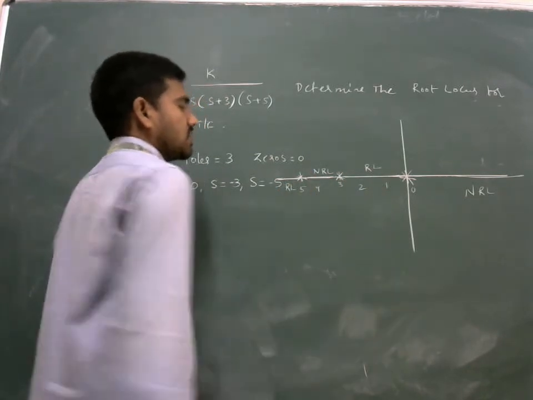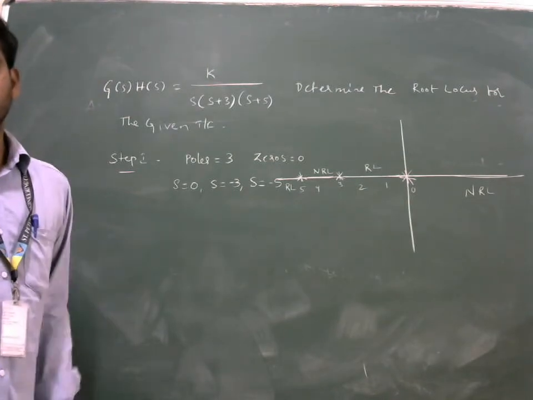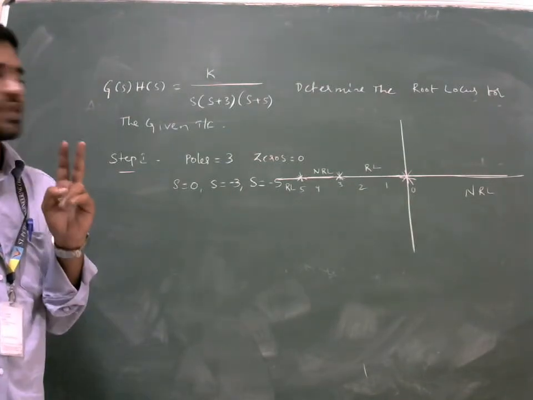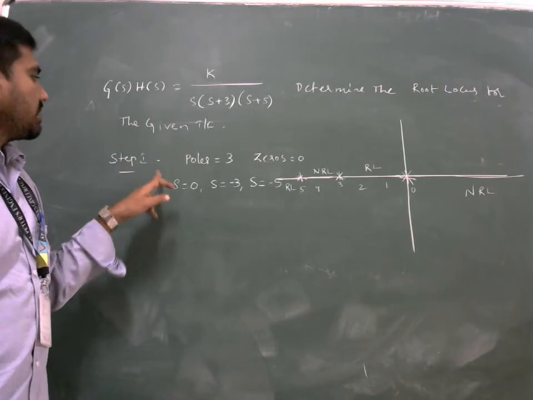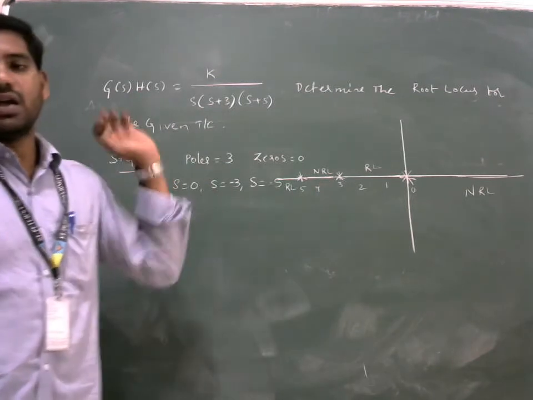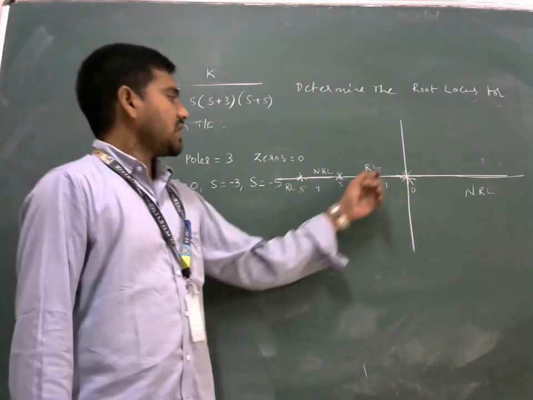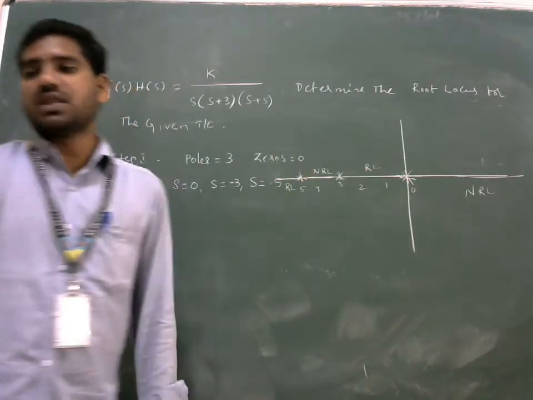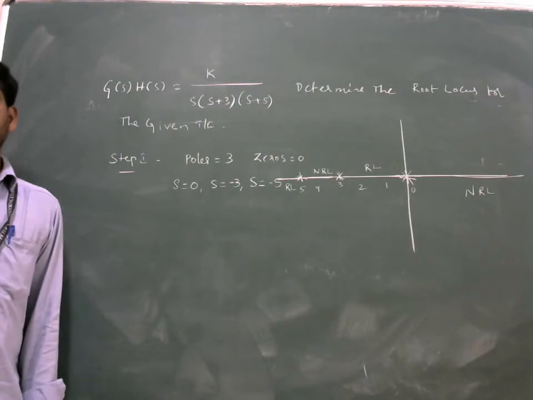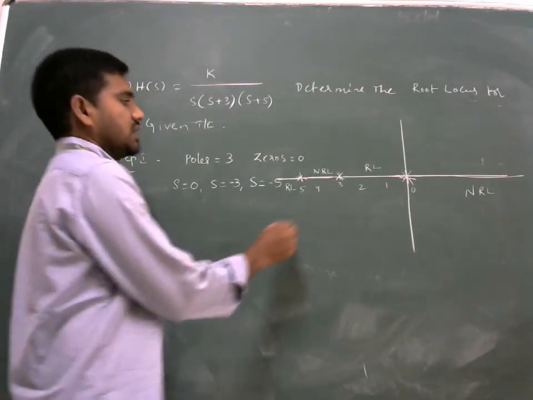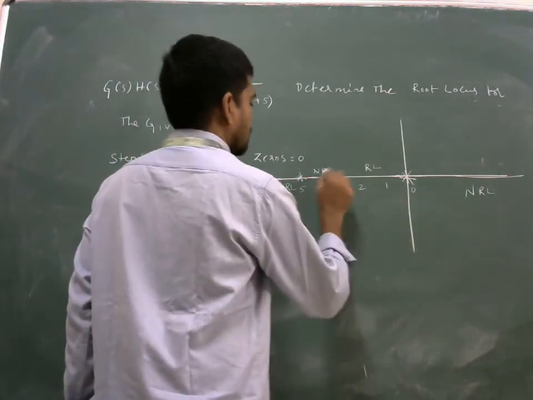We got 3 roots on its right. That means the 2 steps are completed. The first is identifying the poles and zeros on the s-plane, and then finding the root locus and no-root-locus paths. We completed this.